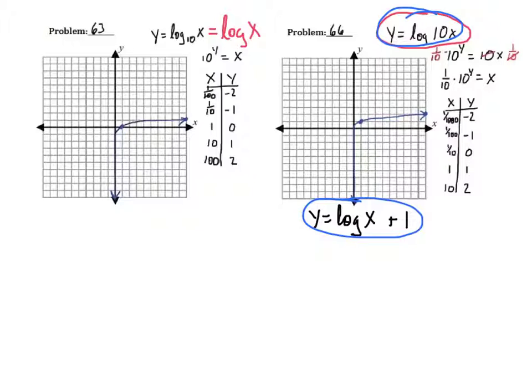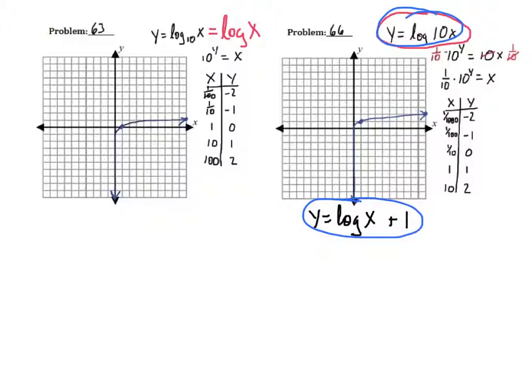Looking at your properties at the top of the page, there is a product property. When you're multiplying two things together, what can I do? Break them apart using what? Addition.